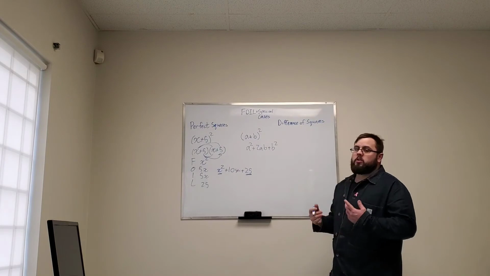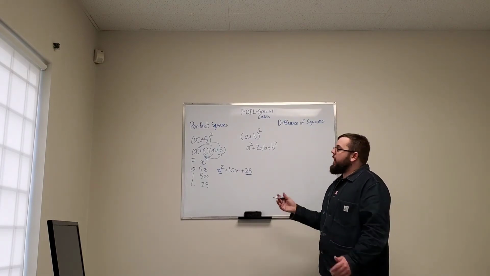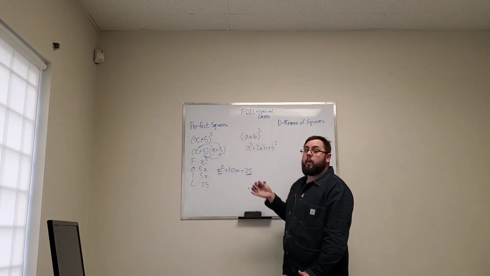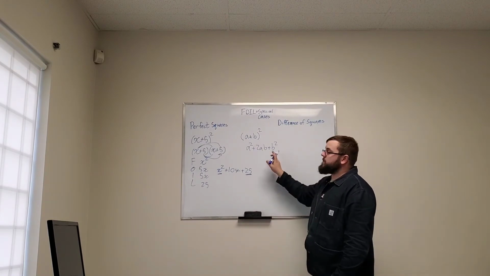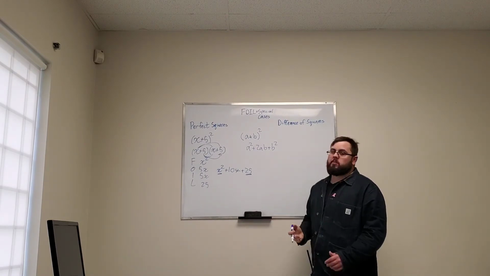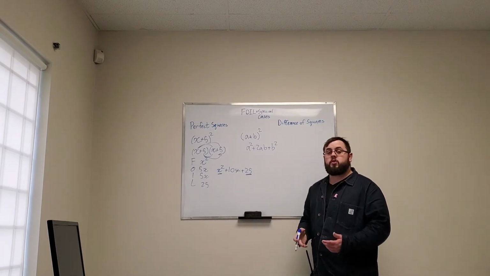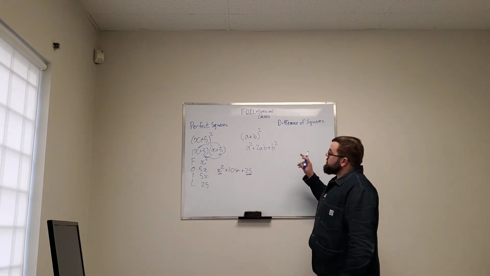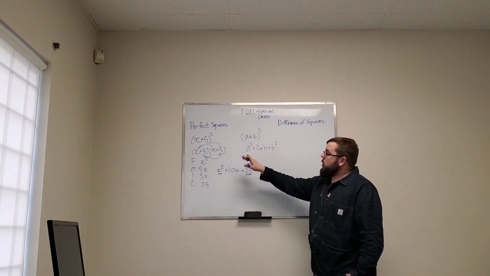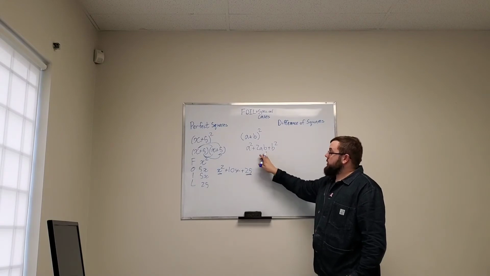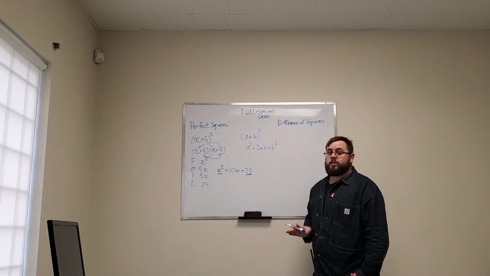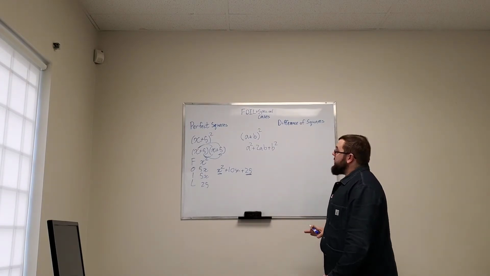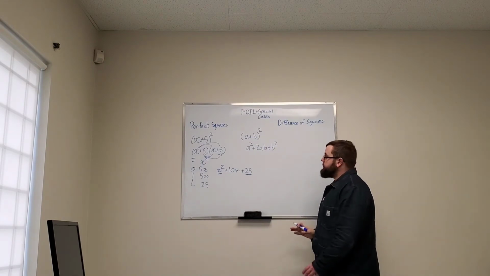The trick with it, though, is that you do need to be able to identify that it's a perfect square problem. You can only apply this if it's a perfect square problem, and sometimes it's not going to be super obvious. So you can go about it the long way, or if you can identify it's a perfect square, you can just use this little shortcut. So that is perfect squares.